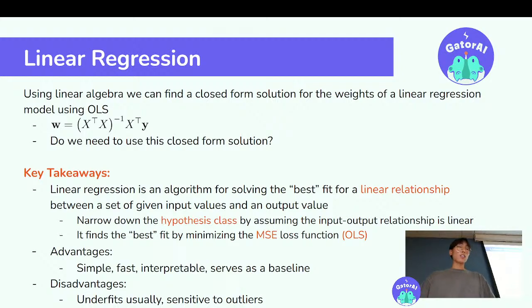And some disadvantages for linear regression: it usually underfits. A lot of things in the world are not explained by a linear relationship, especially if you look to the extremes of certain things. Additionally, linear regression using mean squared error, so ordinary least squares, is very sensitive to outliers.